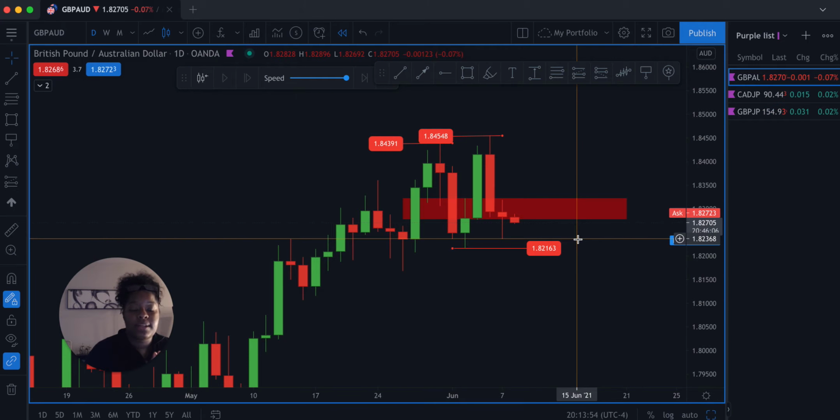But what's important to understand is where you want to exit the trade for your take profit. I'm just going to go back up to the high again where the buyers just came from at 1.84548. Because the more you talk about it, the more you say it, the more you keep trading the same technique, especially if your technique works and is profitable for you, or you make more money than you lose, then you want to keep doing the same technique over and over again.